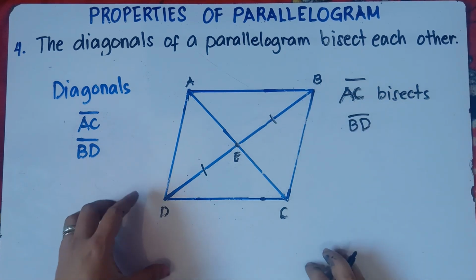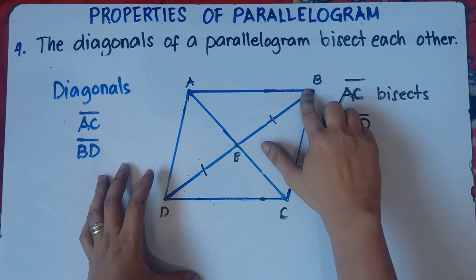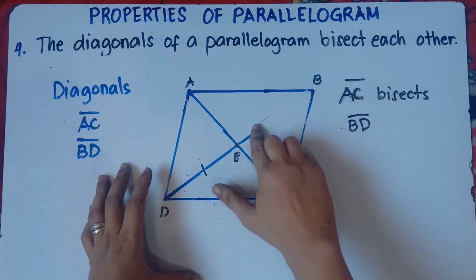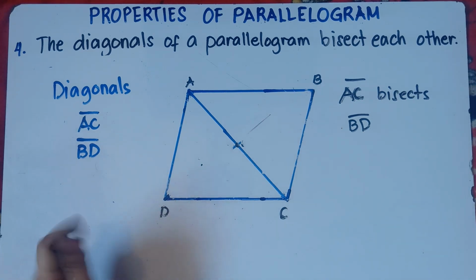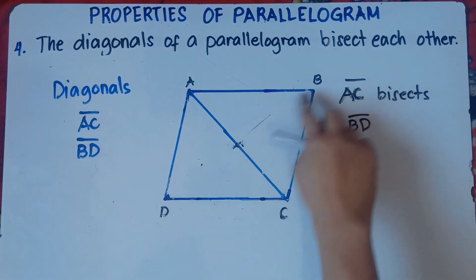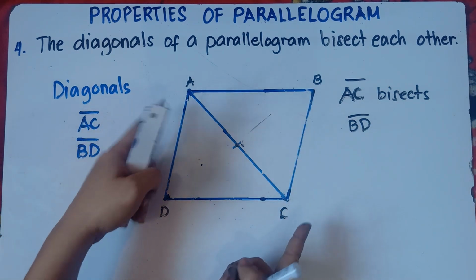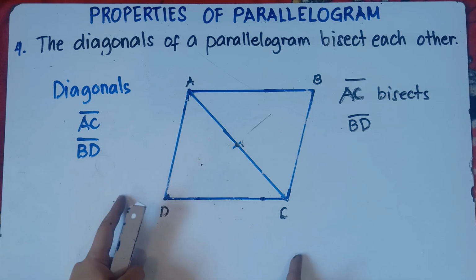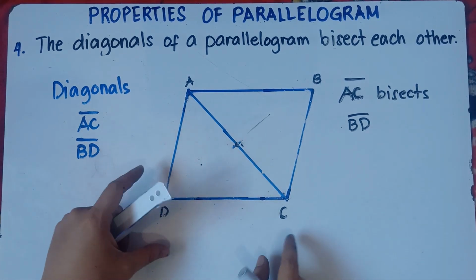So same scenario, class, if we erase this line, this diagonal BD, and we draw another diagonal from point B to D, we just cut this AC into two equal parts. So I hope you understand this one, class, because there are some teachers that will not explain this one step by step.